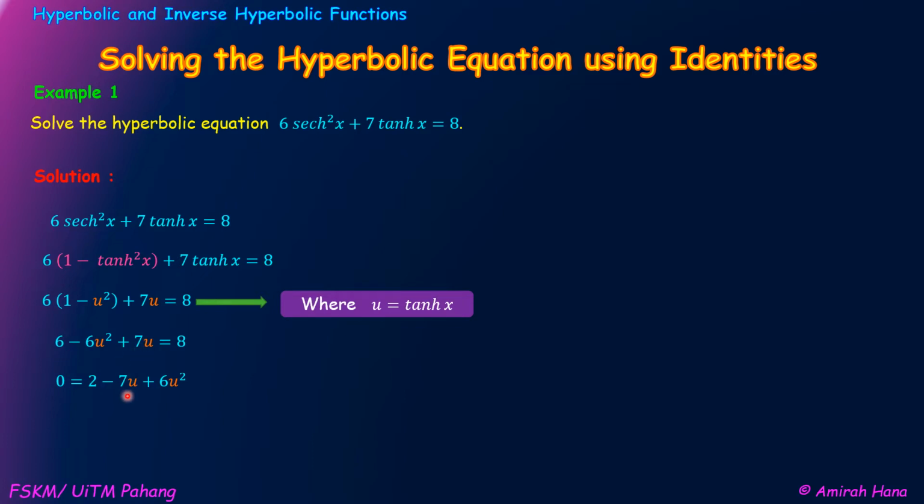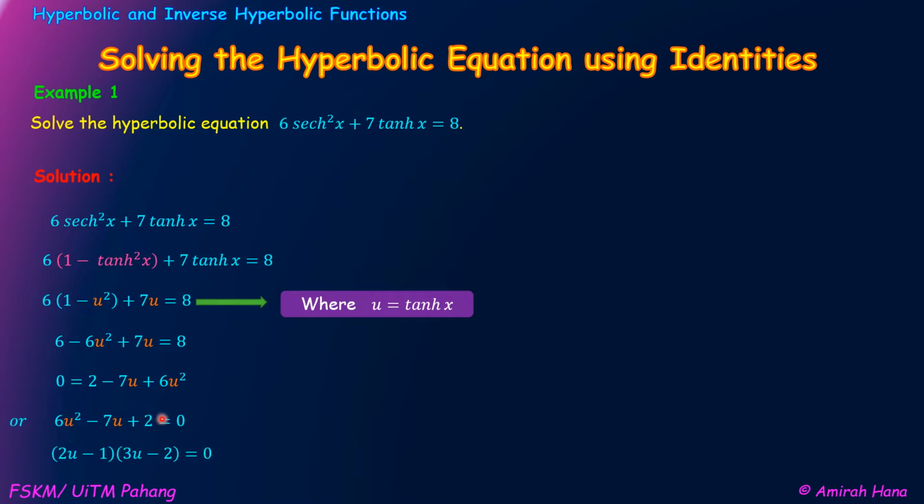After we move to the right hand side, we got negative 7u, and minus 6u squared becomes plus 6u squared. Or we can write 6u squared minus 7u plus 2 equals 0. We just exchange the terms from right hand side and left hand side.